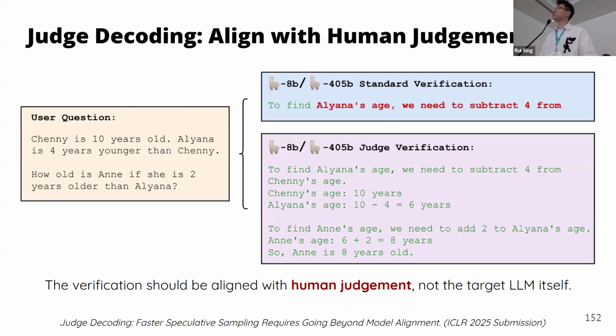However, if we look at the outputs, we can see that the subsequent sequence is of high quality too. Yet we just discard it because it is different from the original outputs. This work, judge decoding, reminds us that we should not stick to the strict requirement of speculative decoding.